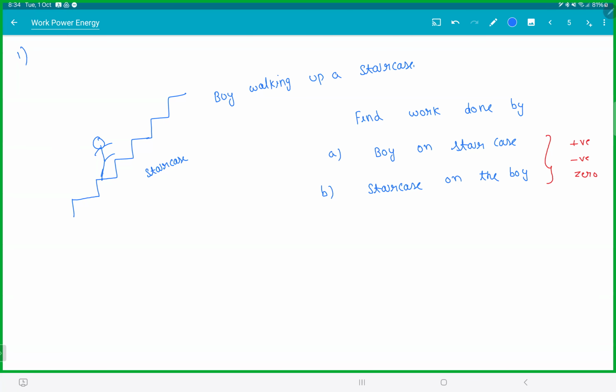Again, go back to the basic definition, ask yourself, what is work done? Force into displacement of point of application of force.